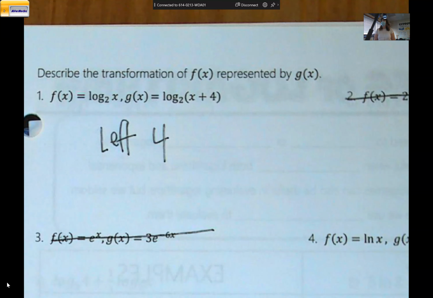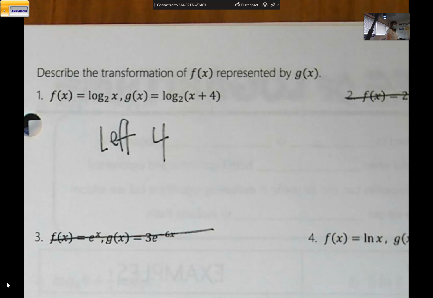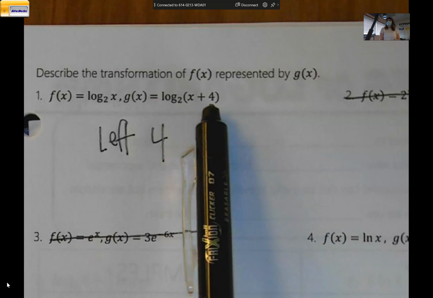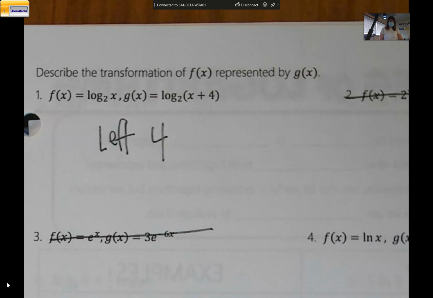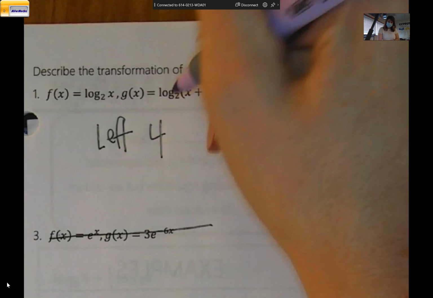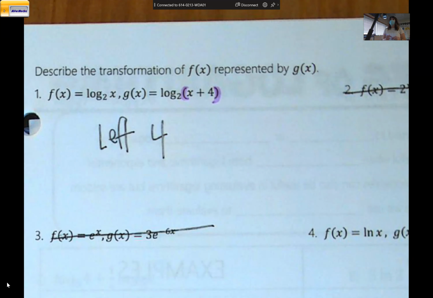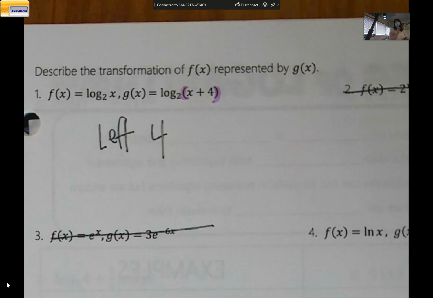That's the only thing we did to this log base 2. We took the entire function and shifted him or translated him to the left. Remember, when he's trapped, you have to do the opposite. And you may want to somehow make a note to yourself that these parentheses are important, especially when you're writing your own functions.